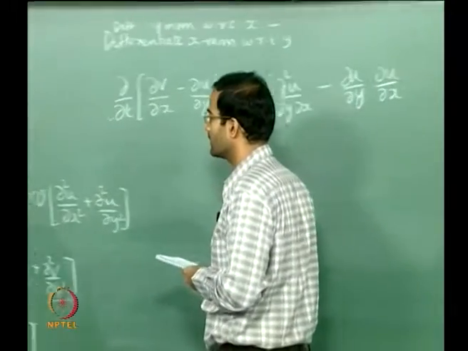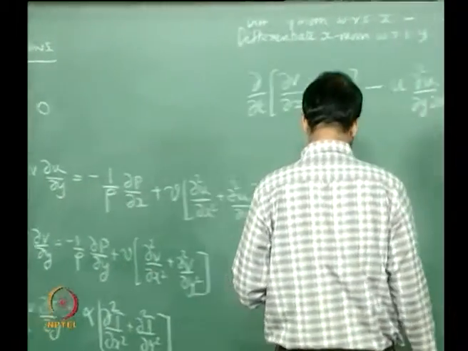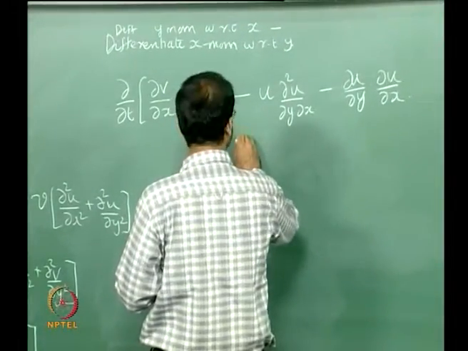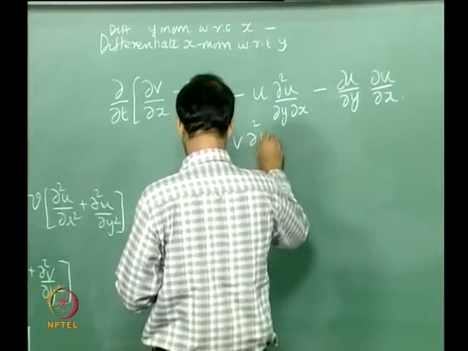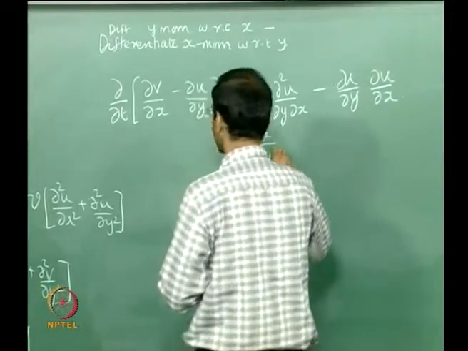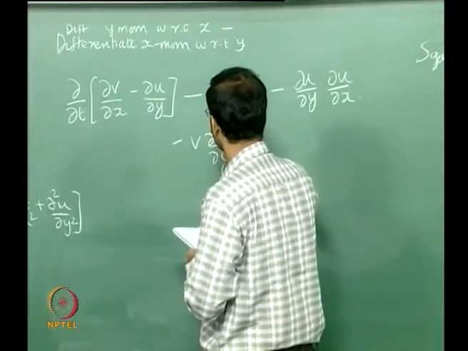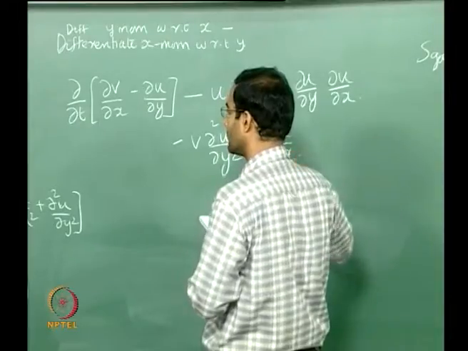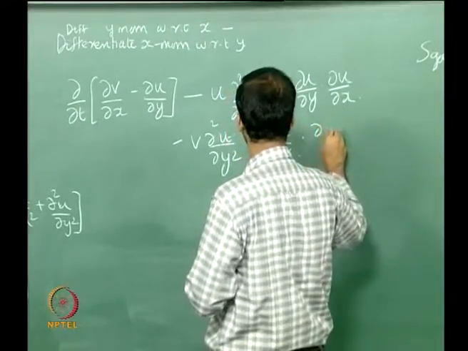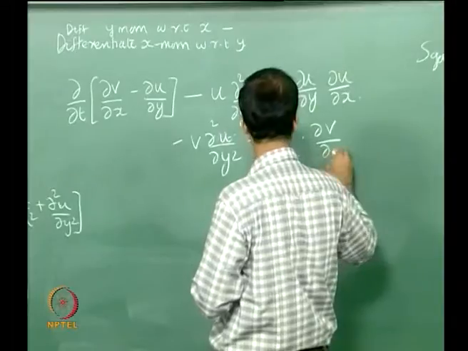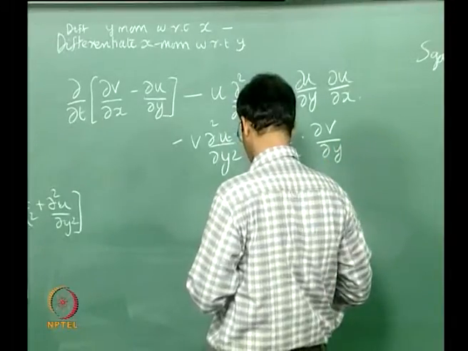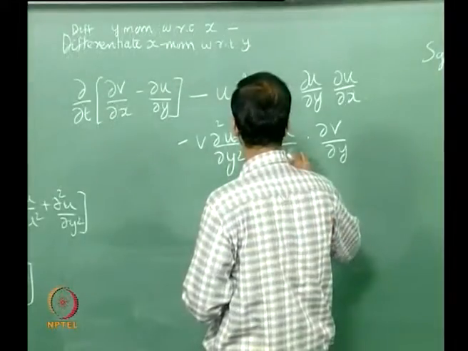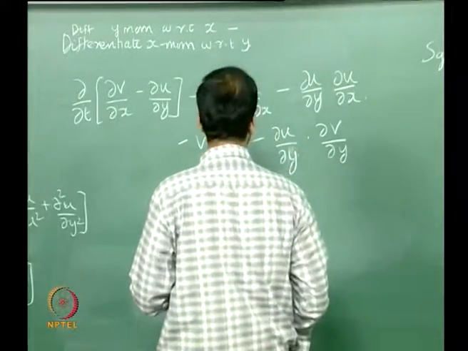Similarly this term can also be expanded, that will give you minus v into d square u by dy square, minus du by dx into dv by dy. This should be dv by dy into du by dy, I am sorry. Let me check all the terms again.